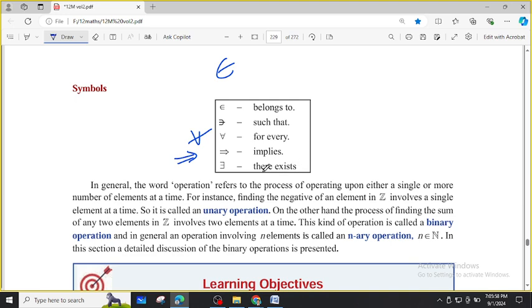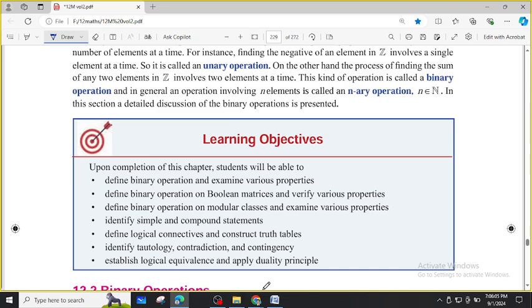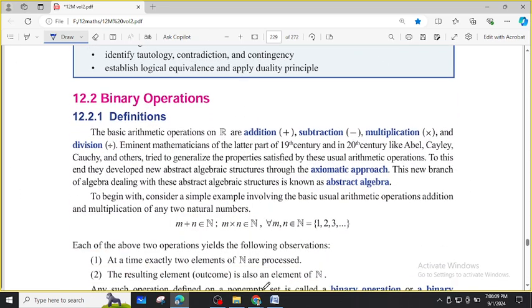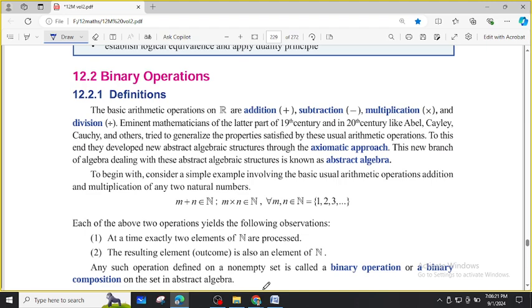Now first we are going to see the operations, binary operation. That is the first definition we are going to see. What do you mean by binary operations? Normally we have some operations: plus, minus, addition, subtraction, multiplication, division and all. Whether these operations are binary or not, that we have to check.